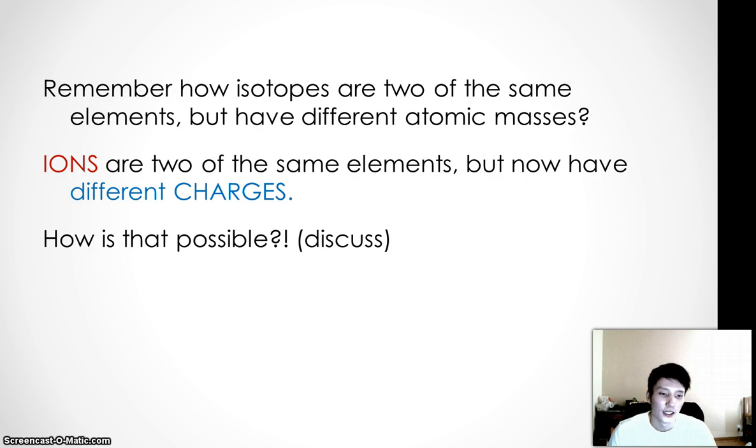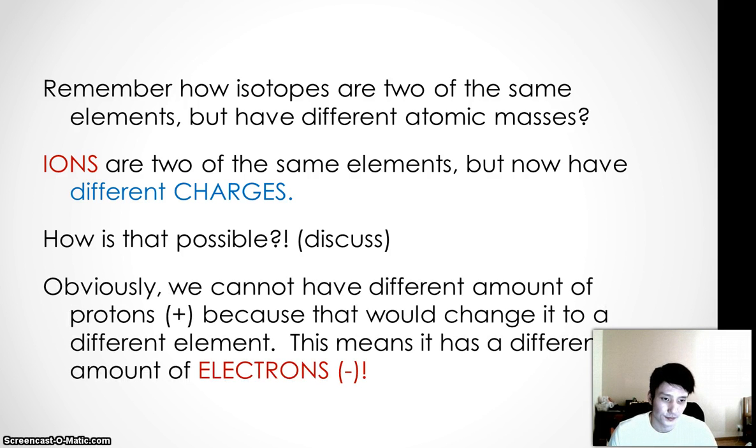So if you thought, hey, am I going to change the number of protons, the atomic number? That's wrong because if you change the atomic number, you're changing the element. You can't do that. So the only thing left to change are electrons. We can change neutrons, but those are isotopes. We're talking about ions, so we can change electrons.